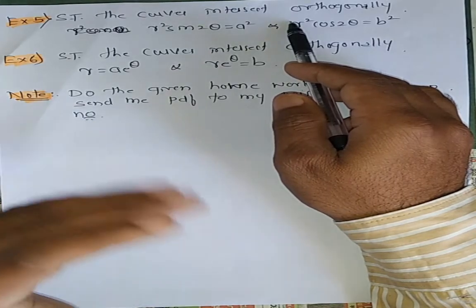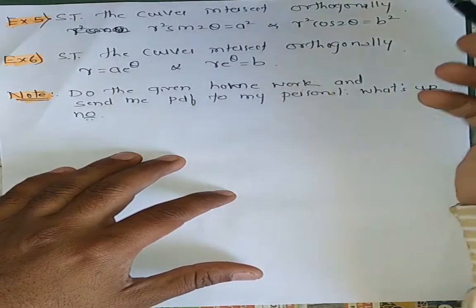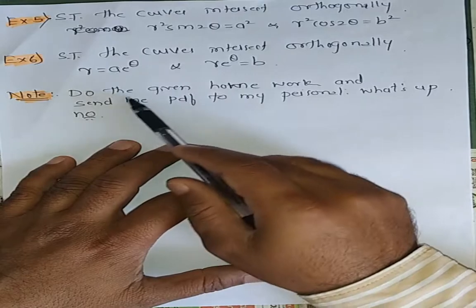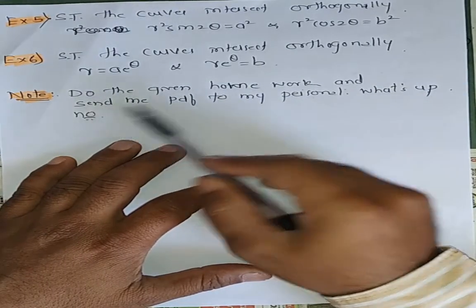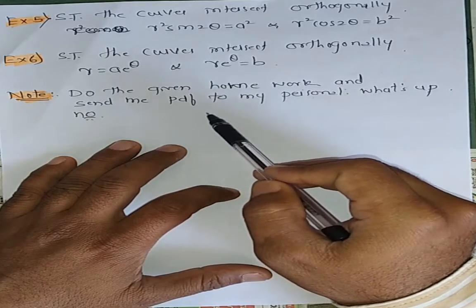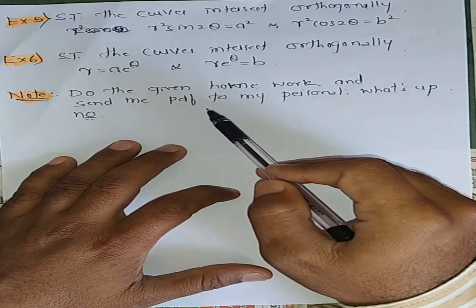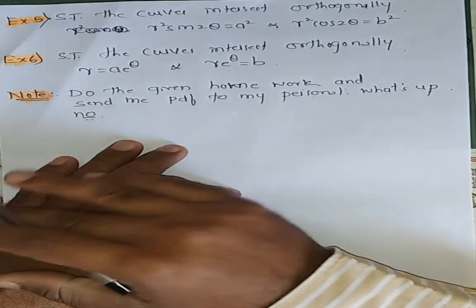If I tell you it is 100% correct, then copy this example into your fair book also. Similarly show the second one also. Do the given homework and send me the PDF on personal WhatsApp. After seeing it, I will evaluate it. If it is correct, I will tell you to write it in your fair book, and then you write it.